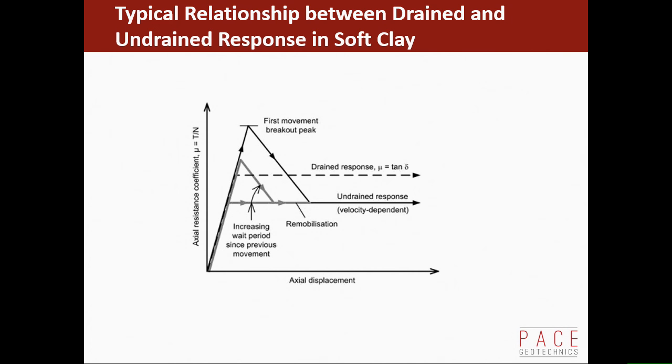So it's actually reasonably resistant to movement, so you get quite a high load to actually mobilise that first movement as the pipeline heats up. Then, because that movement has the effect of softening the clay, remoulding it again, it can drop down again to this value, which, as it says, is dependent on how fast the pipeline is trying to move.